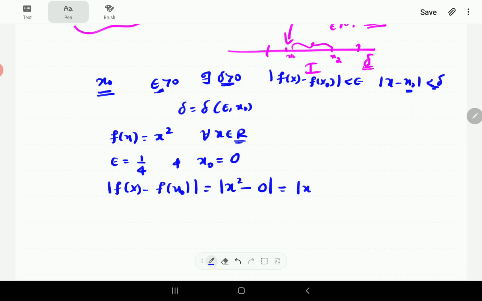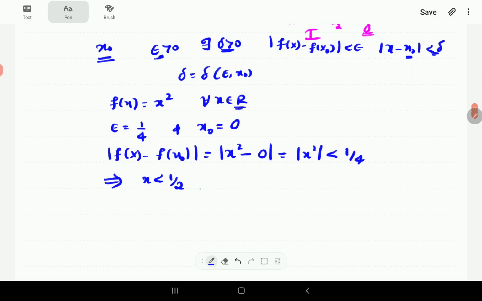So simply x square should be less than 1 by 4, because f of x minus f of x naught should be less than 1 by 4. Here x square is less than 1 by 4 whenever x is less than 1 by 2, by taking the square root on both sides.